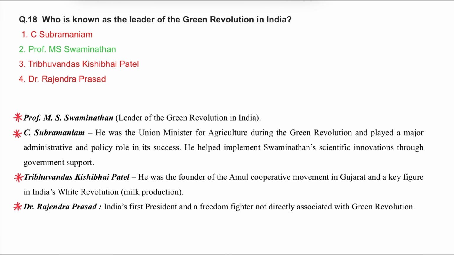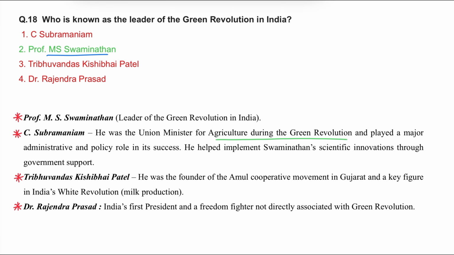Question number 18. Who is known as the leader of Green Revolution in India? Correct answer Professor M.S. Swaminathan, the leader of Green Revolution in India. C. Subramaniam was Union Minister for Agriculture during the Green Revolution.